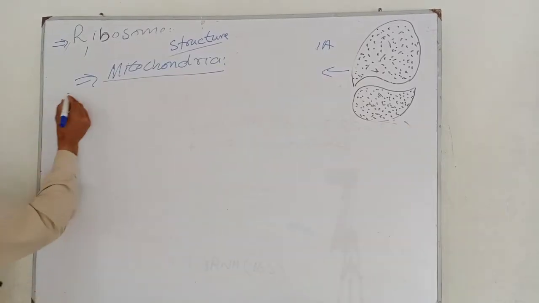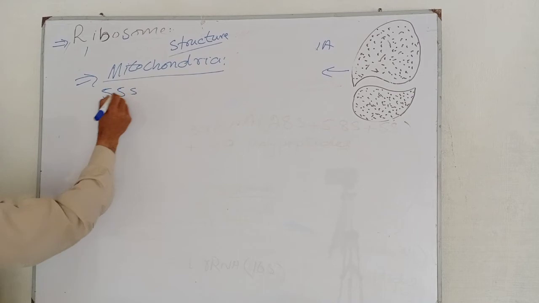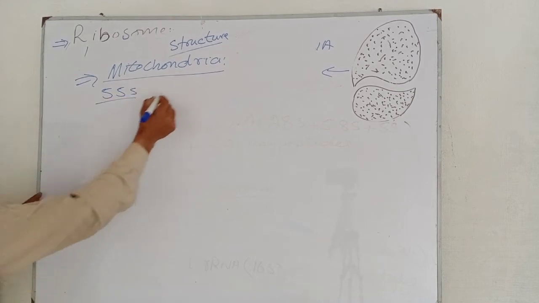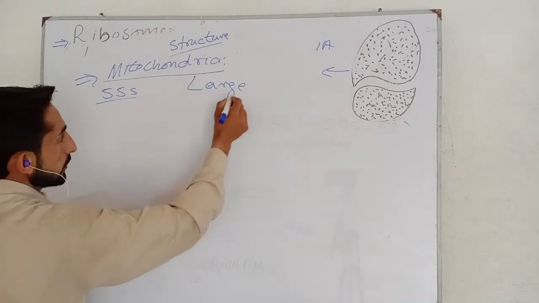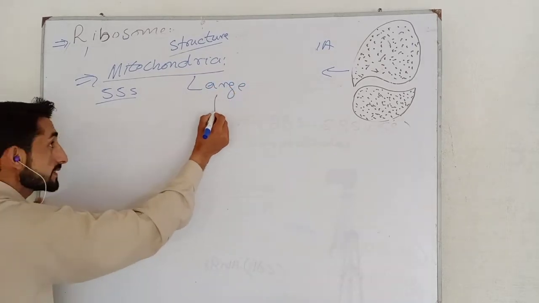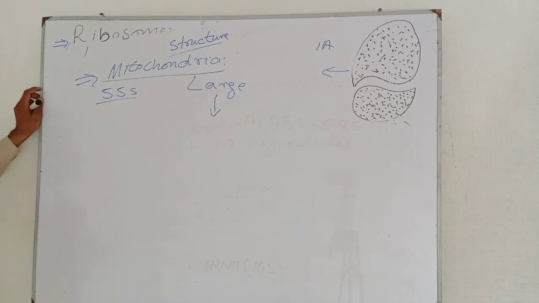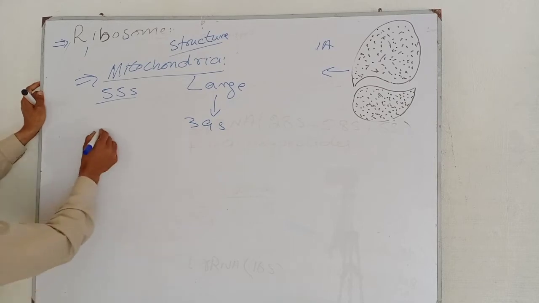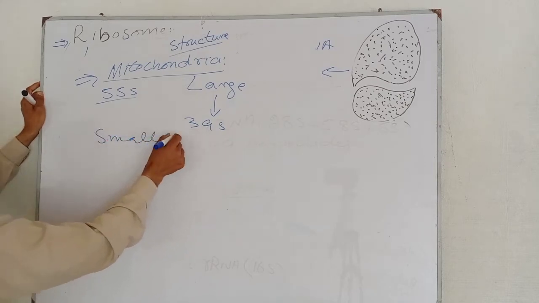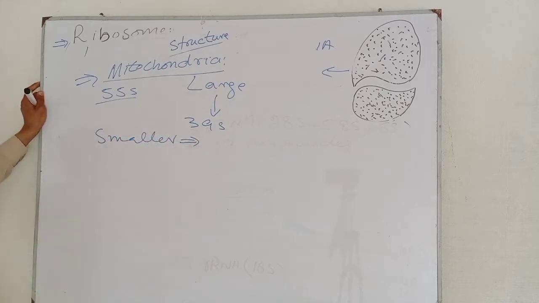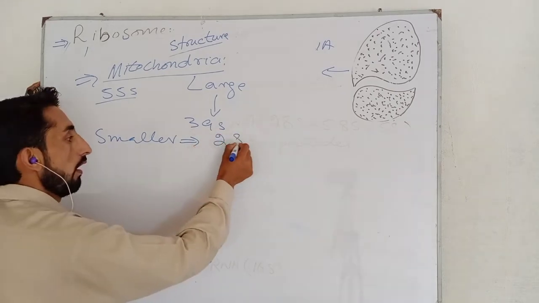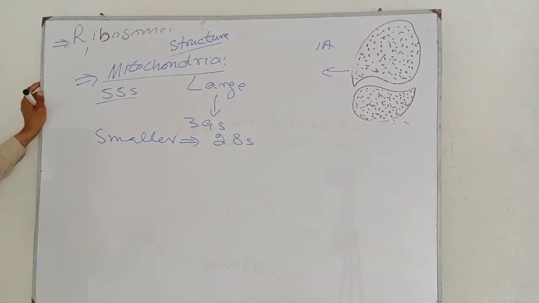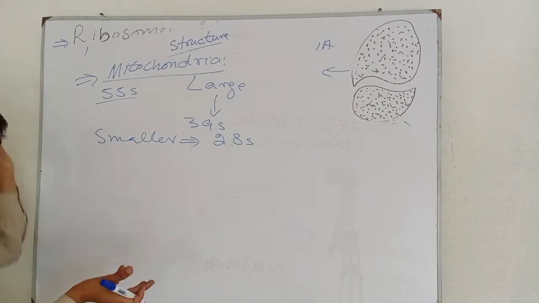Mitochondrial ribosome in size is 55S, with one large subunit and one smaller subunit. The larger subunit is 39S and the smaller subunit is 28S.